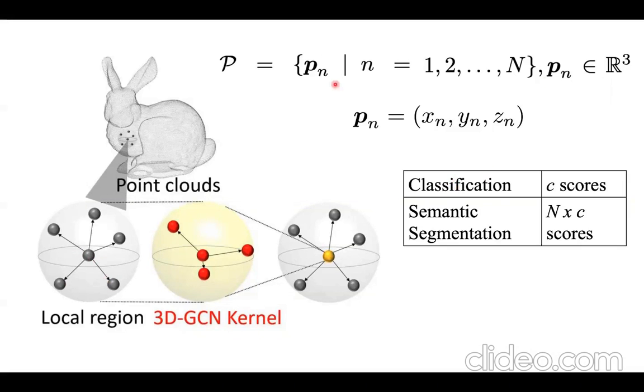If we feed the input through the network, we should get C scores, where C is the number of object categories, so that for an input point cloud we can say which object category it belongs to. And in the case of segmentation, for each individual point we get a score that defines which class that particular point belongs to, because parts of the entire object are labeled, and that's how semantic part segmentation works.